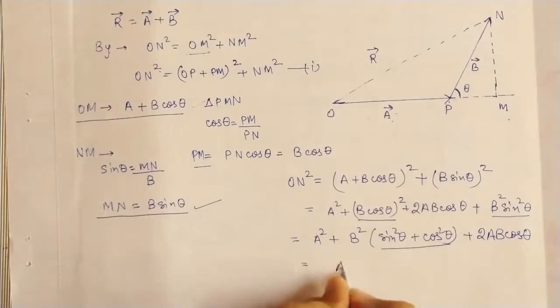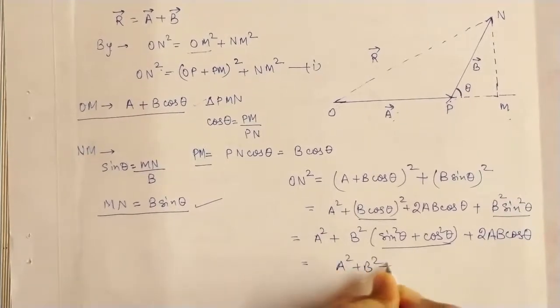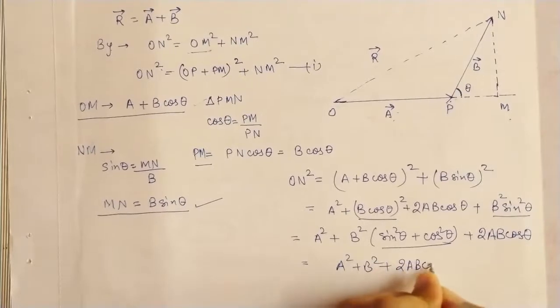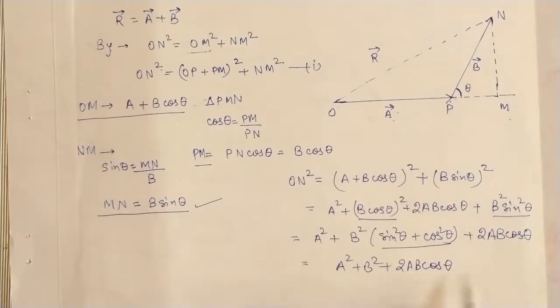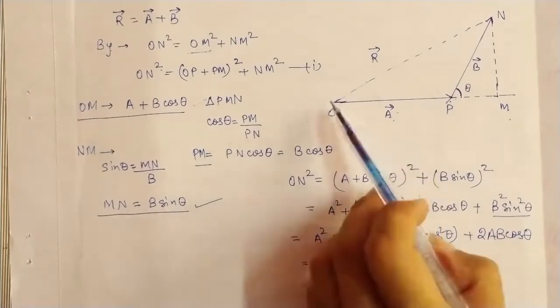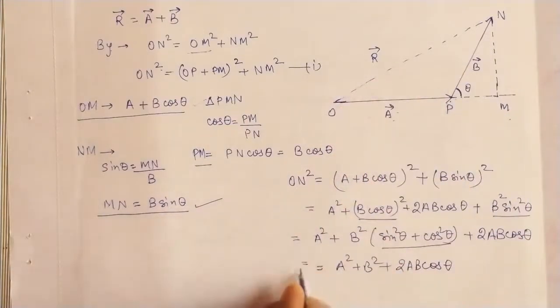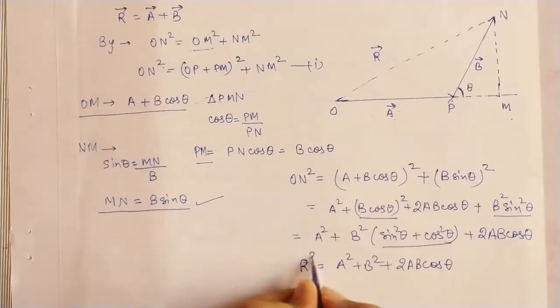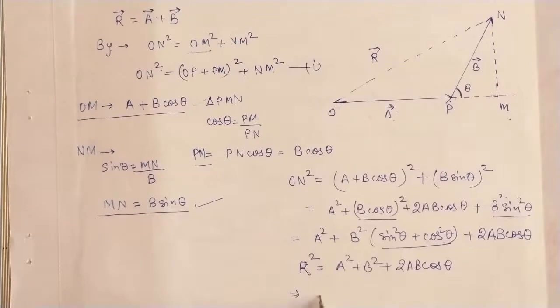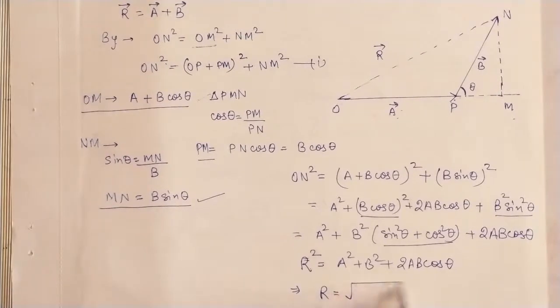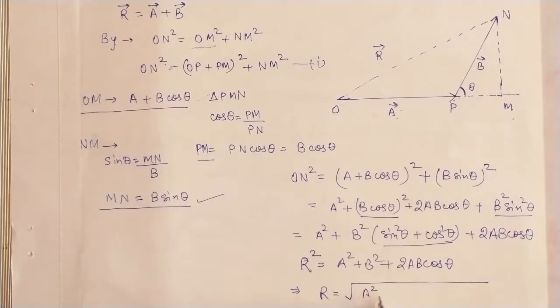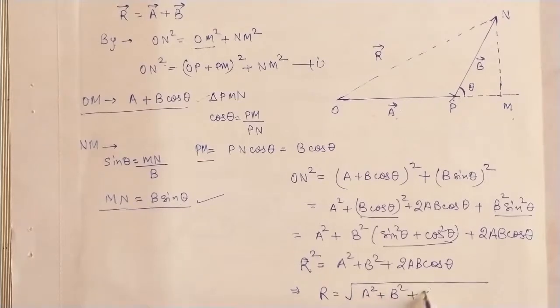So it will become A square plus B square plus 2AB cos theta, and this is equal to what? This is our resultant side, that is ON, and this can be written as R, that is R square. So if we just want the value of R, just take the square root on the right side. So this will become the square root of A square plus B square plus 2AB cos theta.